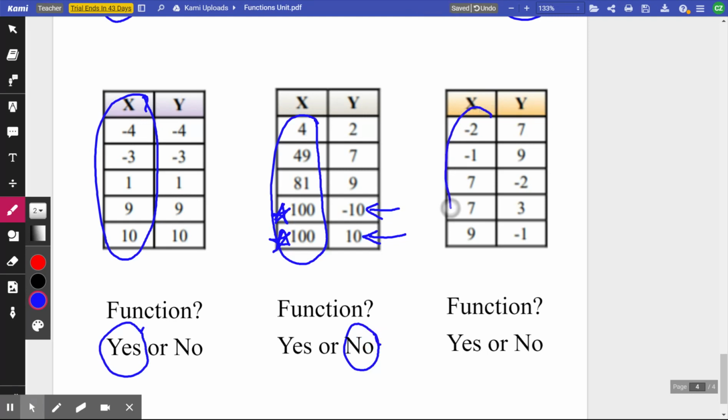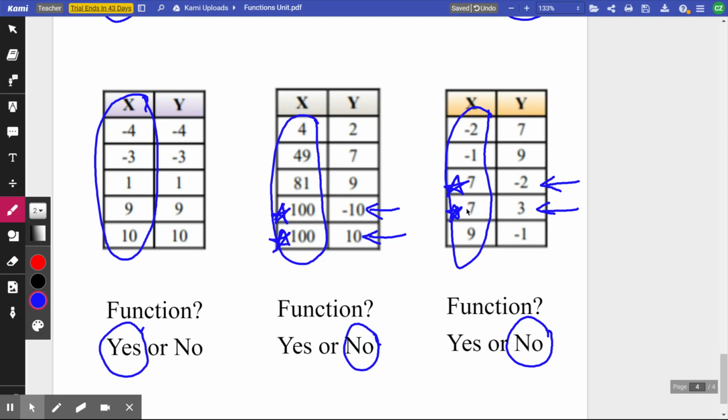And for our last example, we circle our x's, all our inputs: -2, -1, 7, 7, 9. Well, our 7's repeat. So now we have to ask, do we get the same output for those? No, we don't, right? One gives us -2, one gives us 3, so again, not a function. The same input gives us 2 different outputs.